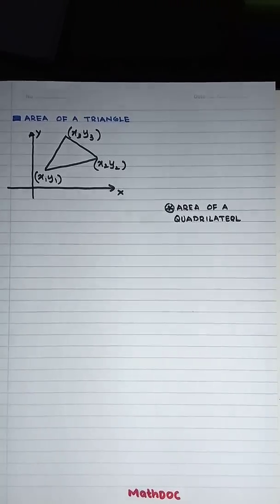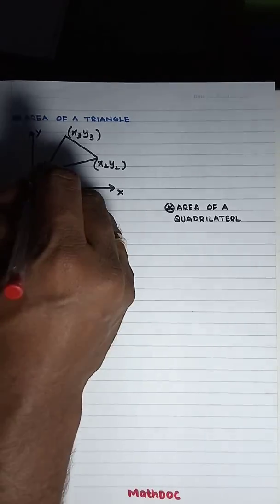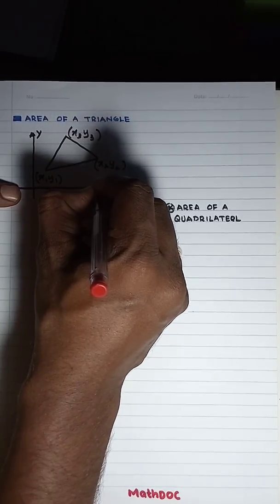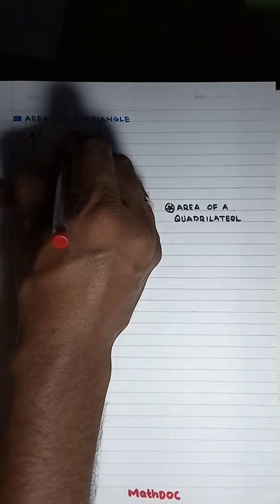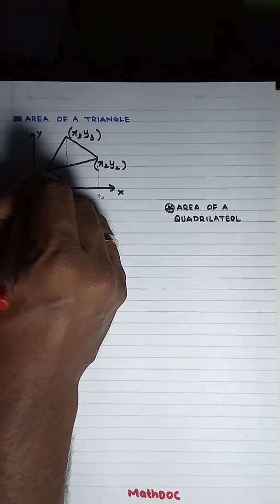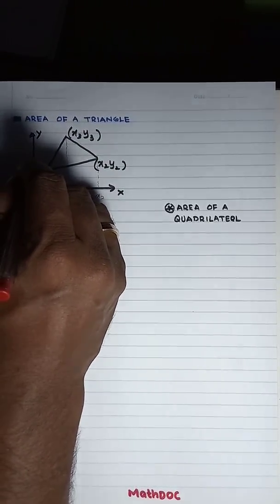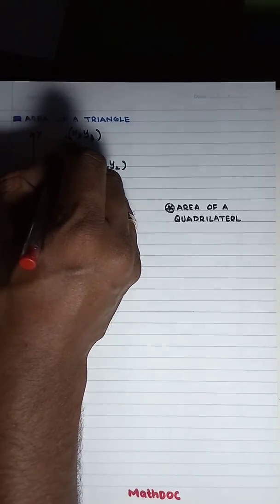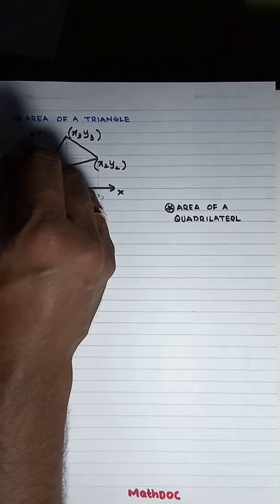Now, if we need to find the area of this triangle, take these points x1, x2, x3 and y1, y2, y3.